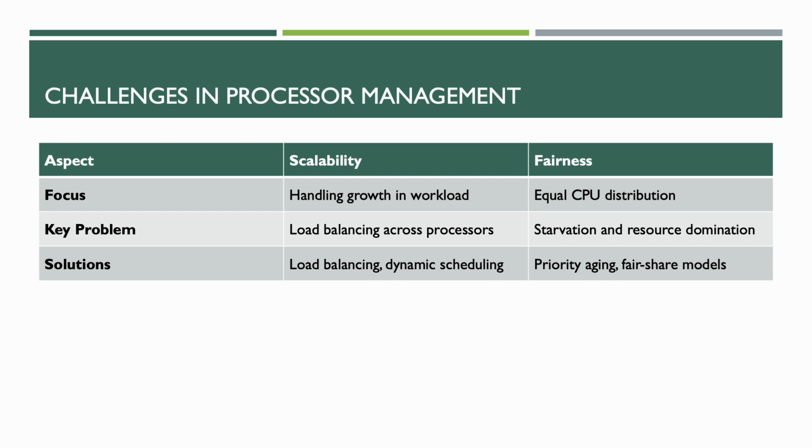Priority aging and fair share models prevent long-term starvation, ensuring every process gets a fair opportunity. Balancing these two aspects is crucial for optimizing system performance. While scalability ensures efficient CPU usage, fairness prevents lower priority processes from being indefinitely delayed.